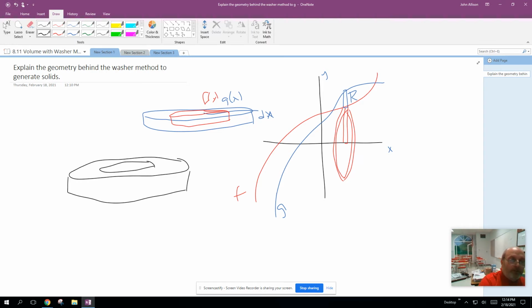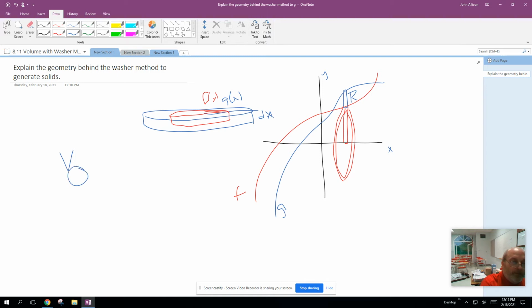Because of the properties of integrals, we can get this by doing the volume of the outer ring. So the volume of the top function, let's say the big disk, is equal to pi times the radius squared times dx.